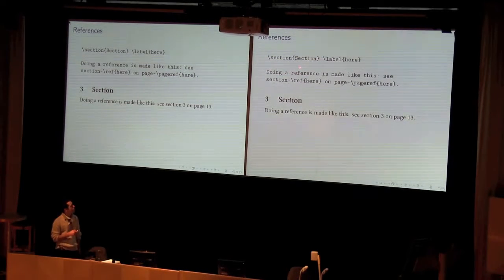After the command that defines the section, you can put a label. This is not just for sections. This is for all sectioning commands, and eventually for other commands that are aware of it. We'll see later, this is used in mathematics, for example, with equations. You want to refer to an equation, and sometimes you've seen in books that equations are numbered and you want to refer to one of them.